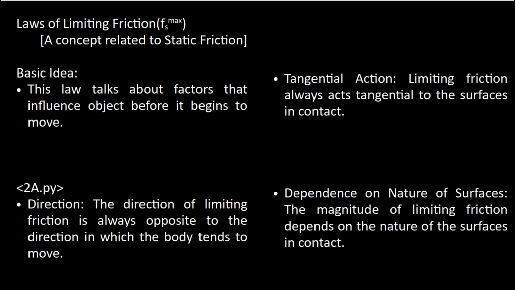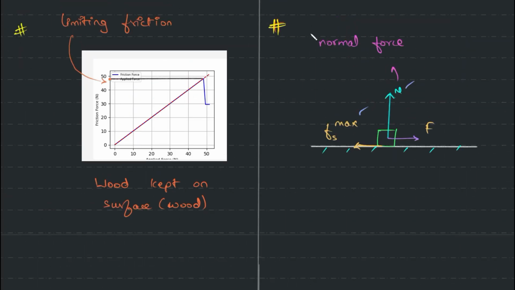Tangential action. Limiting friction always acts tangential to the surface in contact. Let me explain it this way. This is one possibility. What if we have it tilted? Then we have the object over here. Gravity is trying to pull it down, so the limiting friction will be in this direction, provided it's trying to slide down.